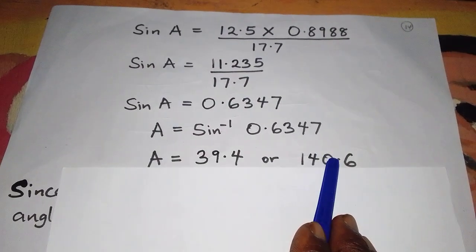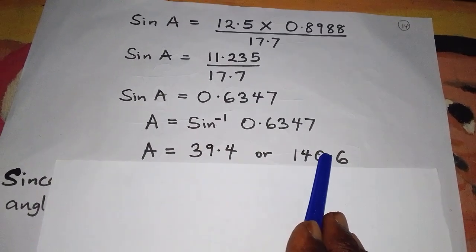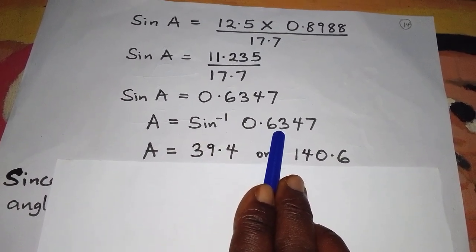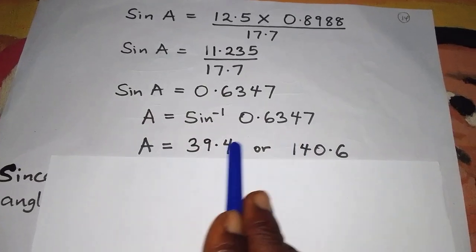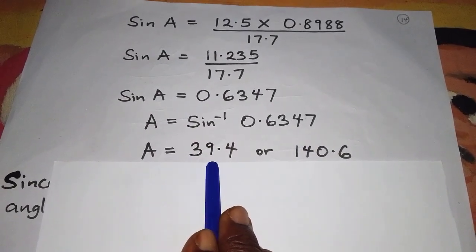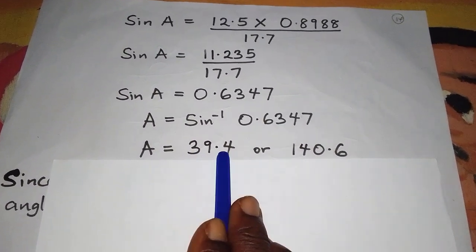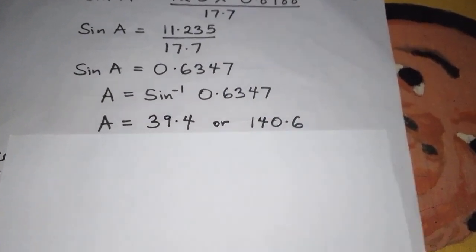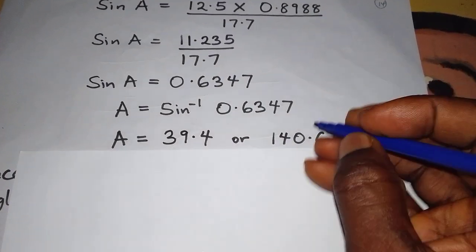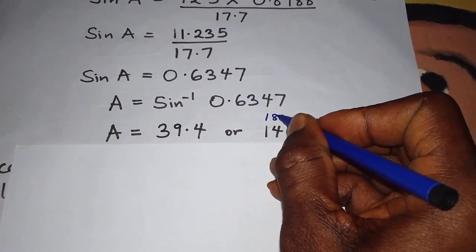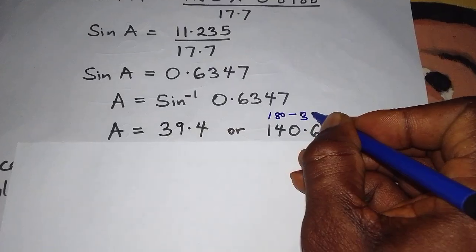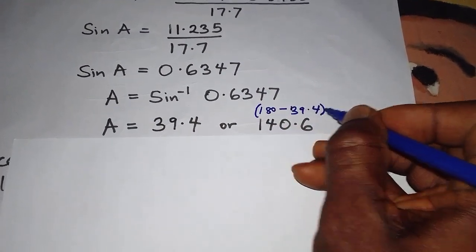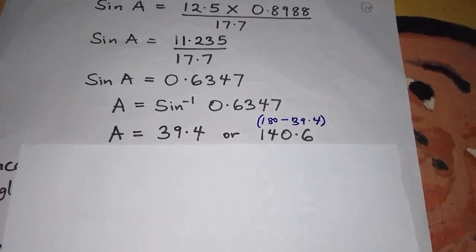When you look for the arcsine of 0.6347, normally you can get two values, because the values of A can be in two forms. The arcsine of 0.6347 will give you 39.4. This 39.4 is in the first quadrant. If you want the equivalent of 39.4 in the second quadrant, you say 180 minus 39.4, which gives 140.6.